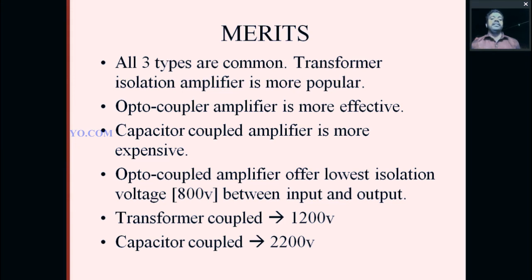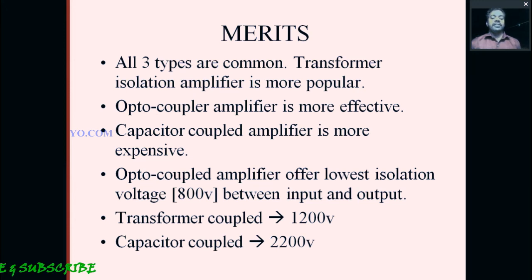The optocoupler amplifier is more effective, but the optocoupler is somewhat expensive. Similarly, the capacitor coupled amplifier is also effective, but very expensive. The lowest cost is transformer isolation only. Then the optocoupled amplifier offers the lowest isolation voltage.